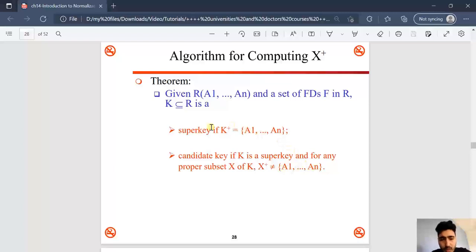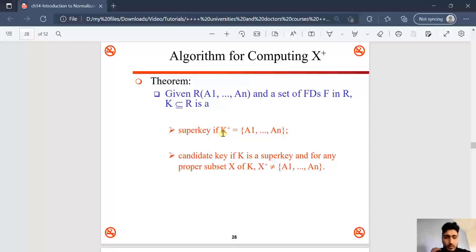So we know how to determine if K is a super key of a relation R only by computing the closure of this K, and if the result was a set of all attributes in R, then this K is a super key.